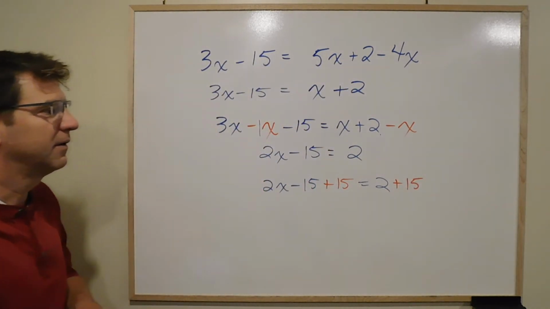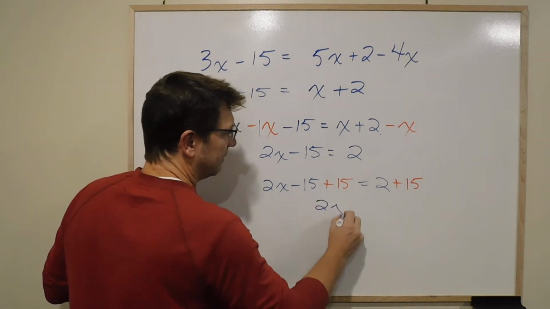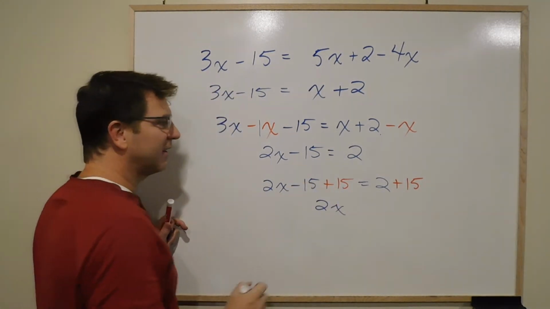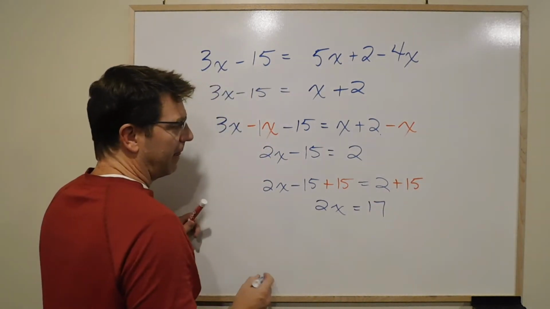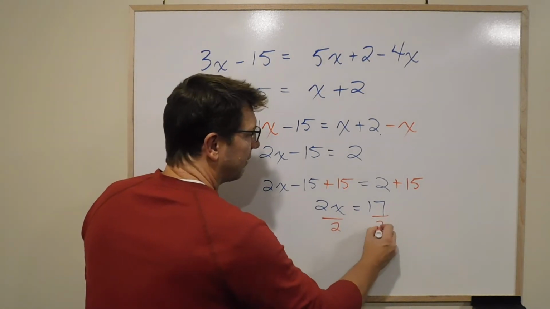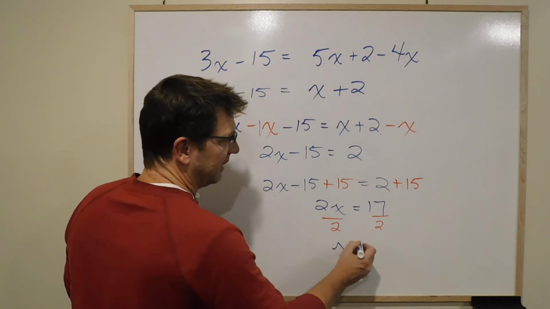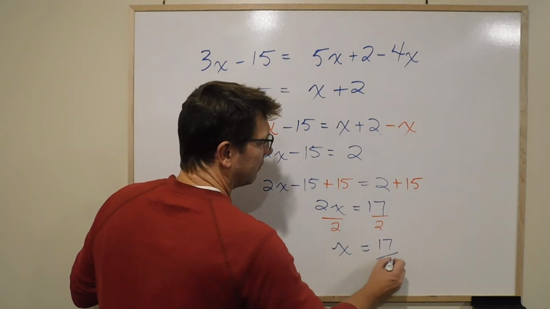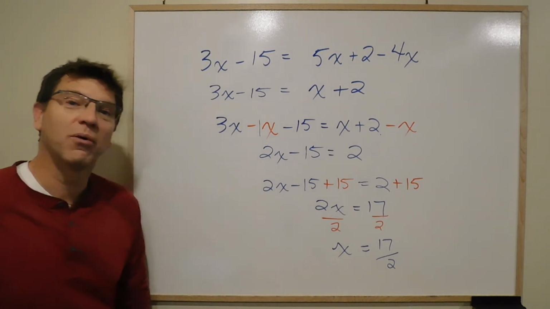Right? So what do I end up with here? Well, 2x minus 15 plus 15 is nothing. Equals 17. All right, I need to divide by 2 on both sides because 2 divided by 2 is 1, leaving me with x, and that's 17 over 2, or for those of you who like decimals better, that's 8.5.